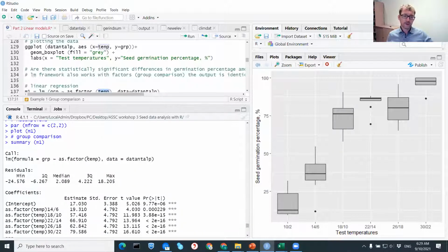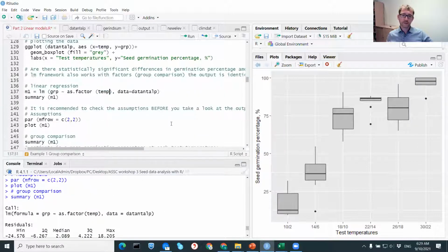So as long as you have more than one predictor in your model, right? For example, I have also some other data from my germination experiment. It could be water level or whatever, irradiation. The more variables you include into the model, the better the fit will be automatically, because basically you provide more and more information on what kind of predictors could influence, in this case, germination percentage.